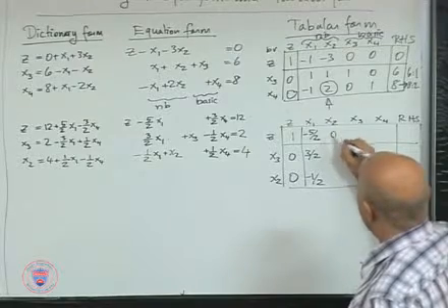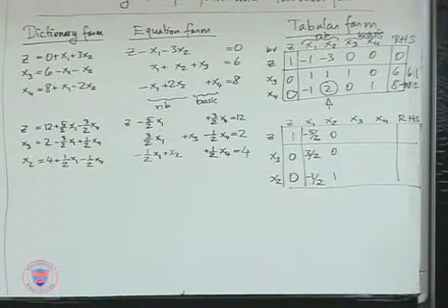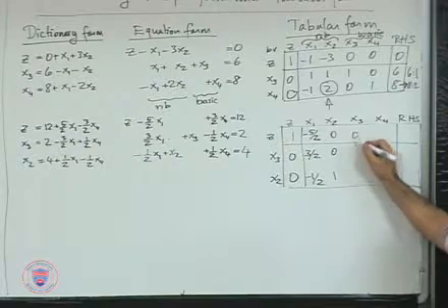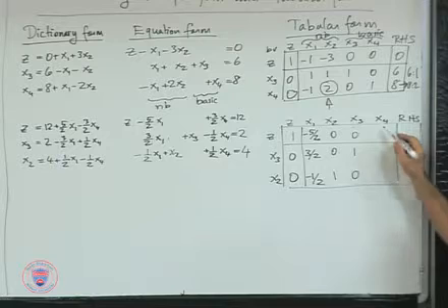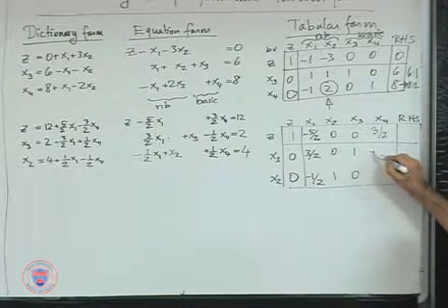The x2 column is a unit vector. Of course, for basic variables, you always have your unit vectors. For the x3 column, we have 0, 1, 0. And for the last one, we have 3/2, minus 1/2.